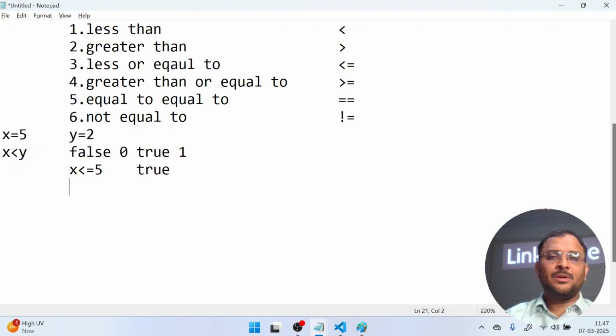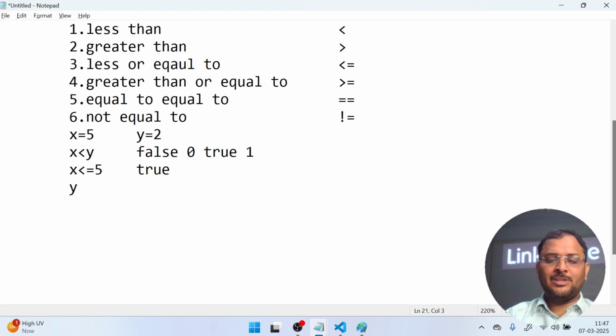Next, if I check, my value of x is 5, value of y is 2. If I check y is greater than or equal to 2, right now your y is 2, which is not greater than but it is equal. Therefore this is also true.